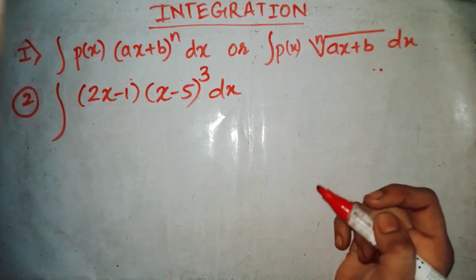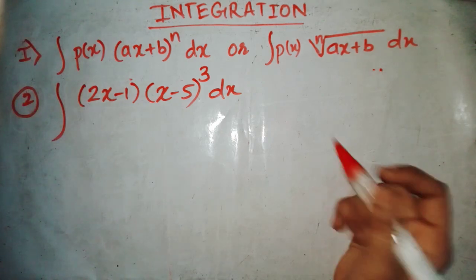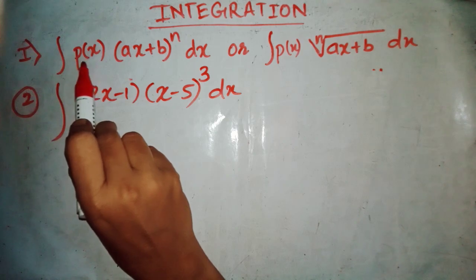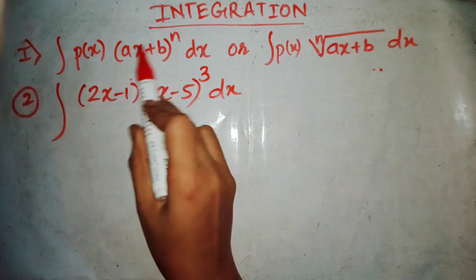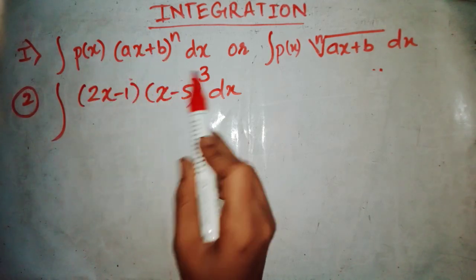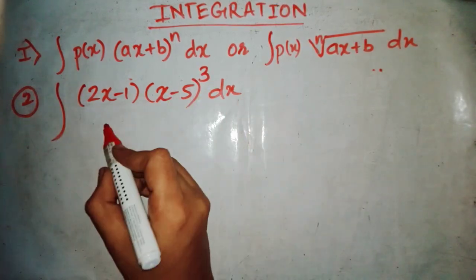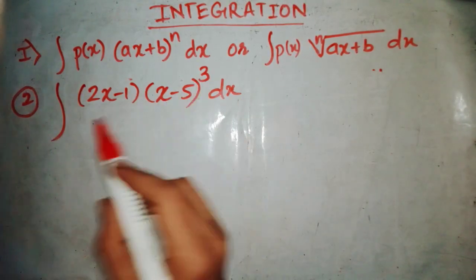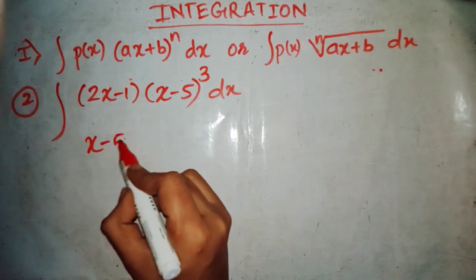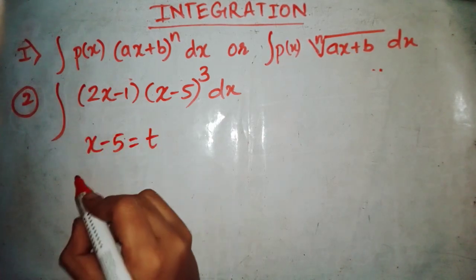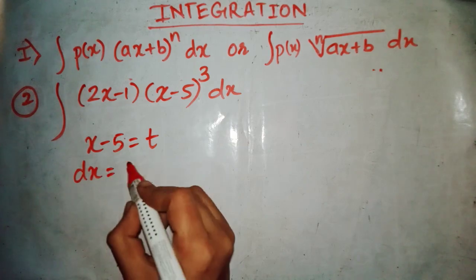Let's solve another one. In this, it is of this type, that is some polynomial into the nth power. Again you have to do the same thing. Put x minus 5 equal to t, so dx is dt.